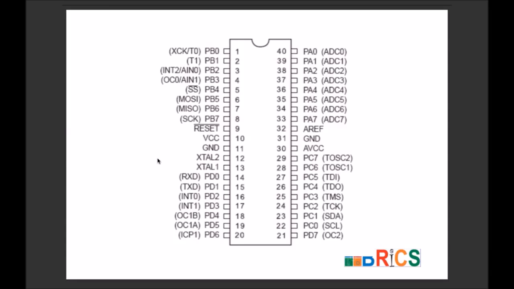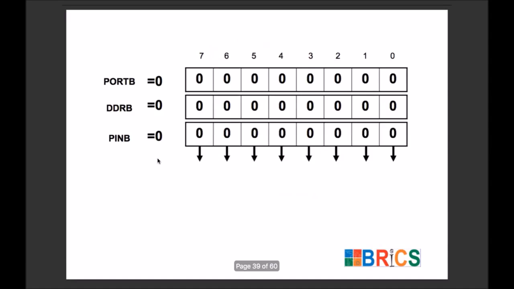To handle a single port, let's assume port B, there are three 8-bit registers inside our microcontroller. These registers have special names: PORTB, DDRB and PINB. Whenever we want, we can write some number on these registers.